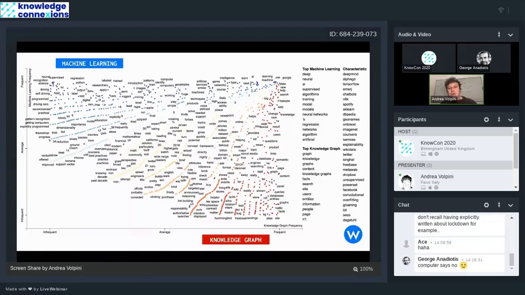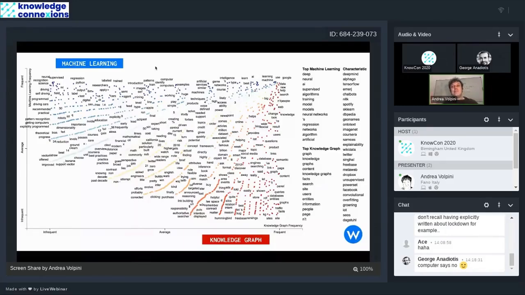Here on the bottom right, you see all the entities that have to do with the query knowledge graph. These are entities extracted from the results that we get from Google when we trigger the query knowledge graph, in this case in the United States. And here you have all the entities that you get by analyzing the results of Google when you type the query machine learning.